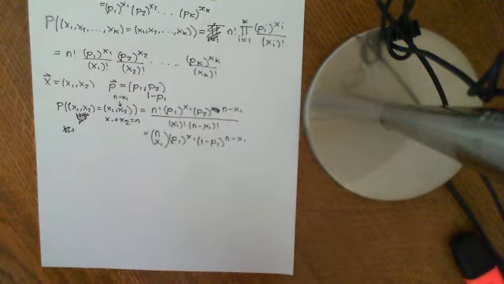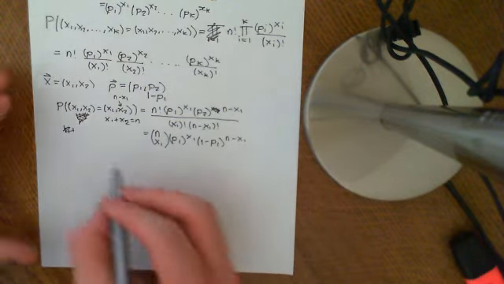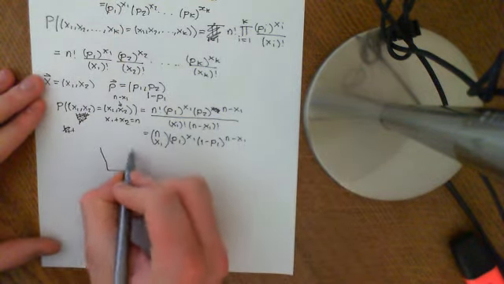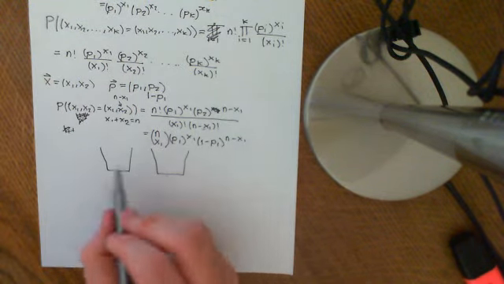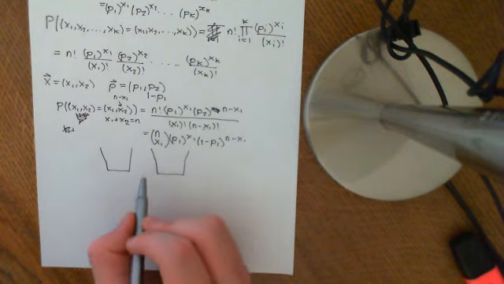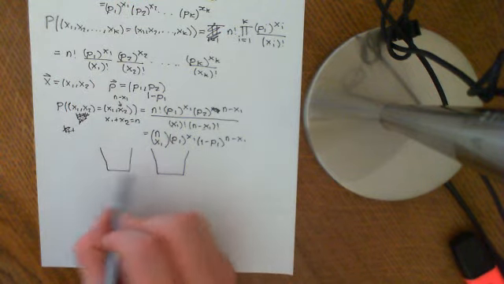So intuitively, the reason it reduces down to the binomial distribution is that we have n tennis balls and 2 baskets. So we've got n trials, which is the tennis balls, and we have 2 possibilities.